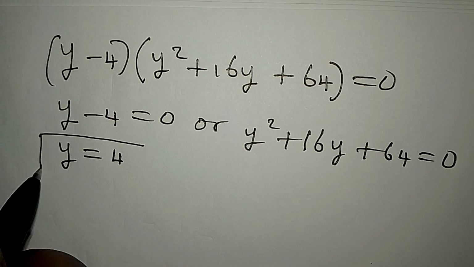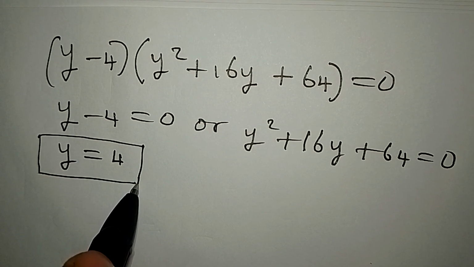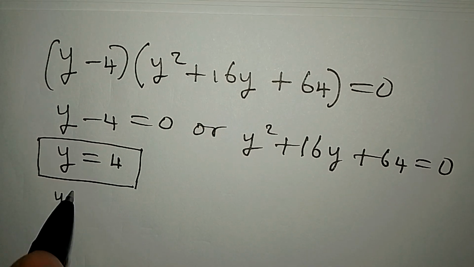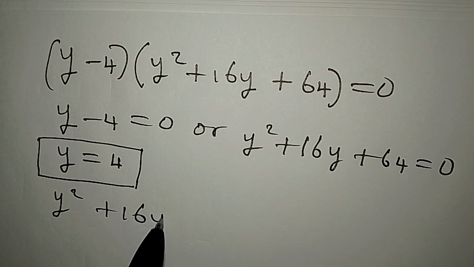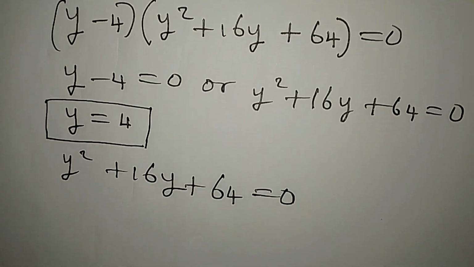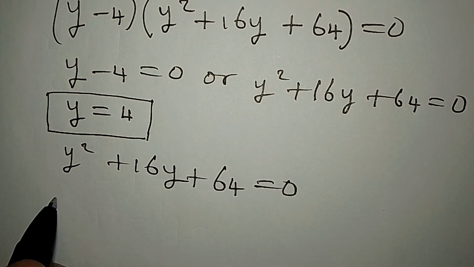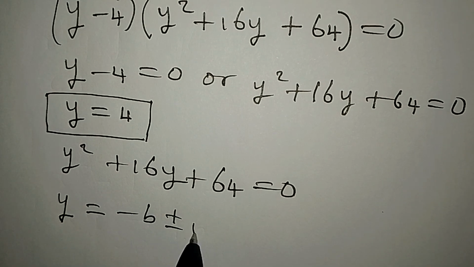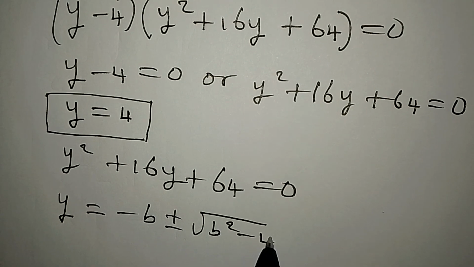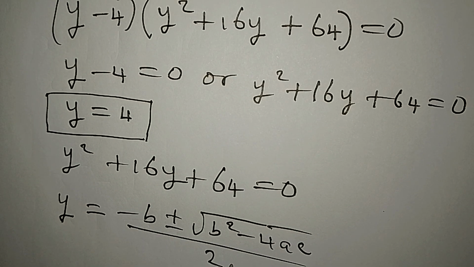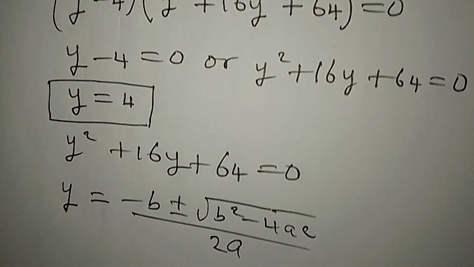And we're going to put this back into our equation 3. But let's go over to this first. y squared plus 16y plus 64 equals 0. Now let's use the formula to deal with this. y will be equal to minus b plus or minus square root of b squared minus 4ac, and the whole of this is over 2a.